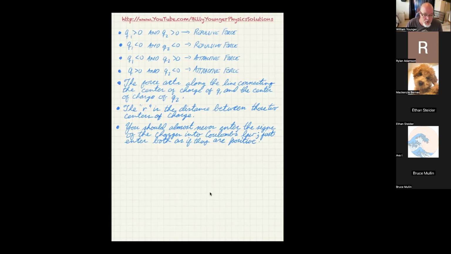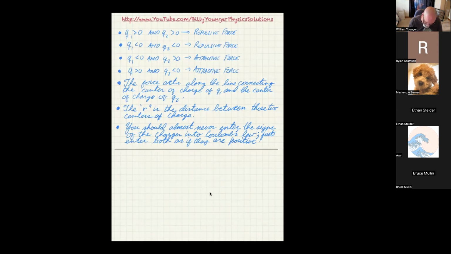Okay, so there's an example Q2. Let me go ahead and show you another example. What we're going to have is 3 charges in a line. I will start off by drawing a line to separate the facts that I just wrote down from the actual problem we're getting ready to solve.